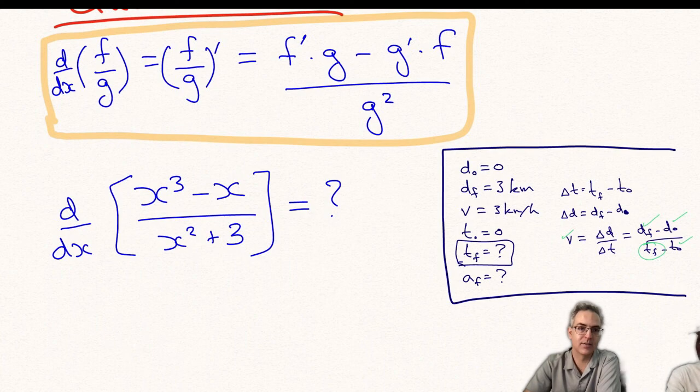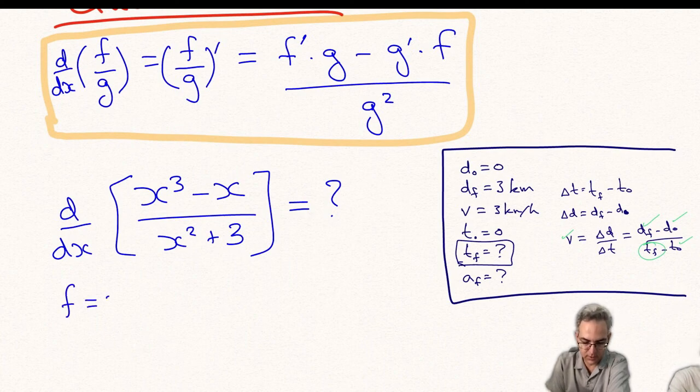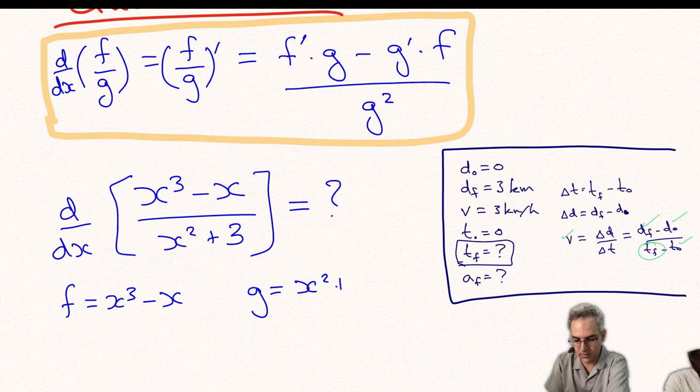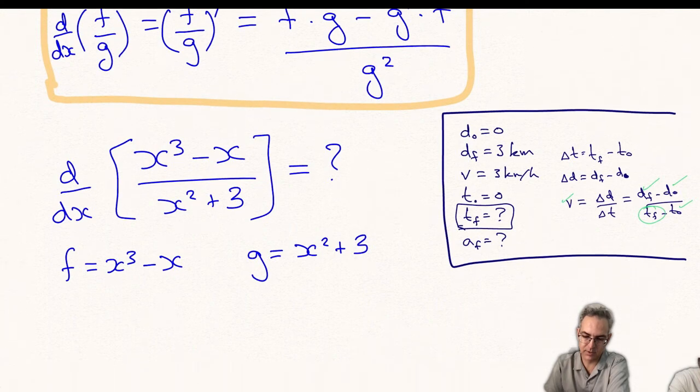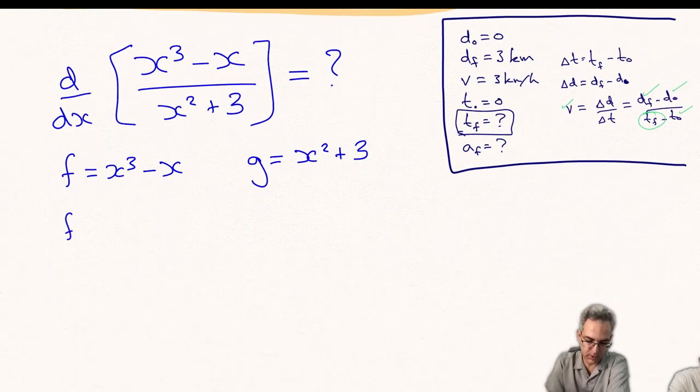And so we have an f and a g. So the f part is what? I would write x cubed minus x, and the g part is x squared plus 3. Yep. And then we have our equation up here. So we need f prime and g prime, and then we should be good. So what would be f prime?